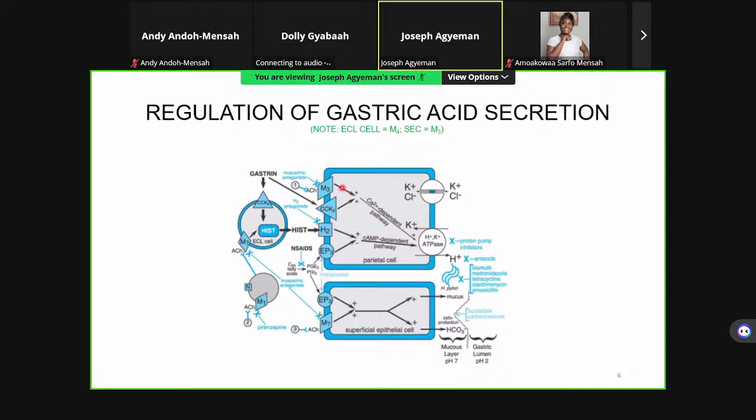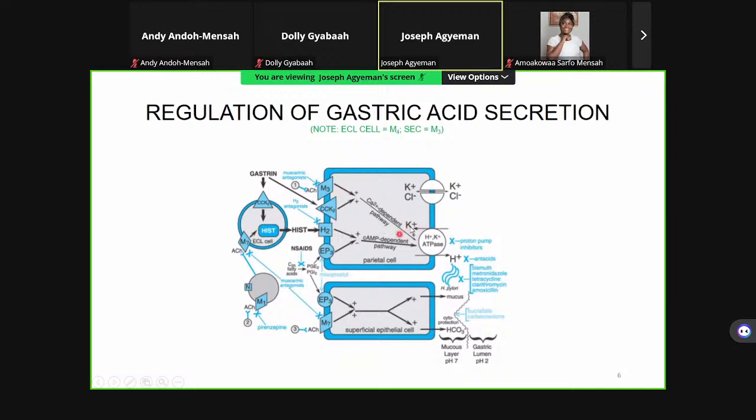Again, inositol triphosphate will cause calcium release from the endoplasmic reticulum. And this will make sure that hydrogen will be released from the proton pump, and in exchange, you get potassium in to maintain electrical neutrality.